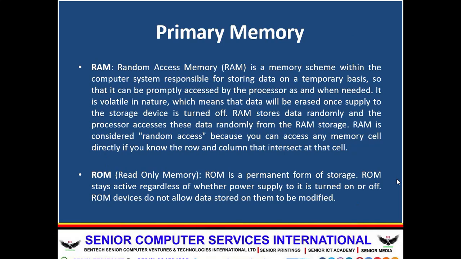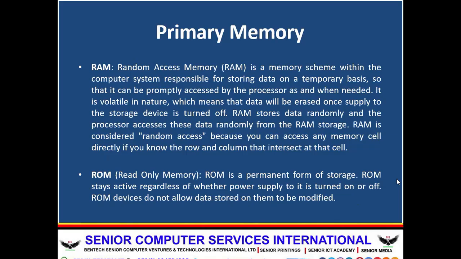So in computers, we have what we call primary memory. Let's talk about primary memory a little bit. Primary memory is also known as random access memory, or RAM. This is the memory scheme within the computer system responsible for storing data on a temporary basis so that it can be promptly accessed by the processor as and when needed. It is volatile in nature, which means that data will be erased once supply to the storage device is turned off. So it holds data temporarily.